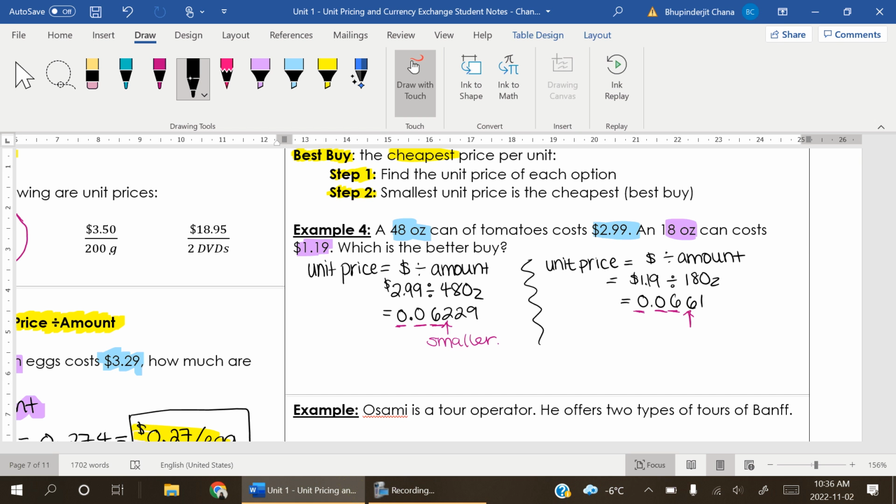So the 48-ounce can of tomatoes is the best buy. Okay, and there's my answer.